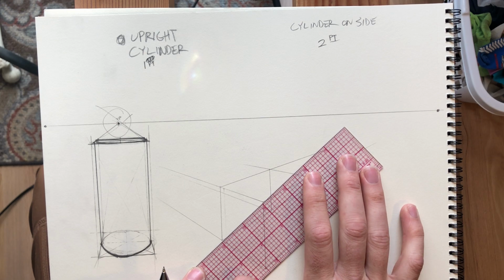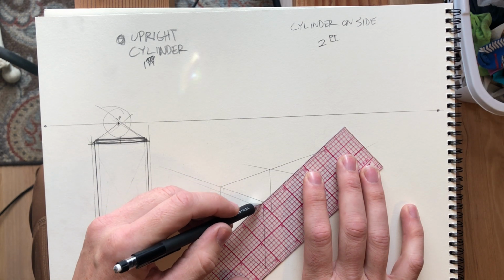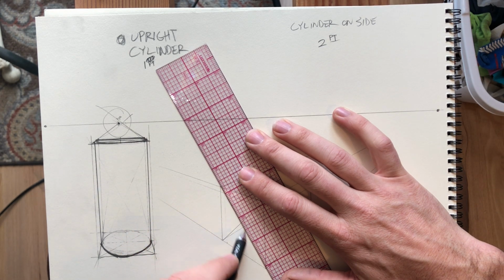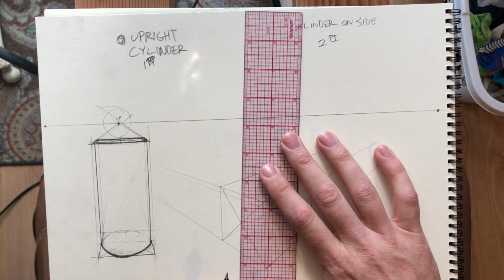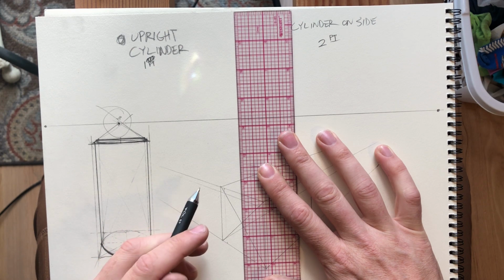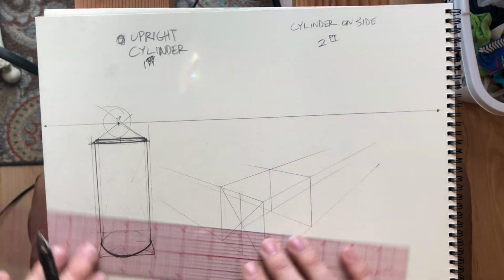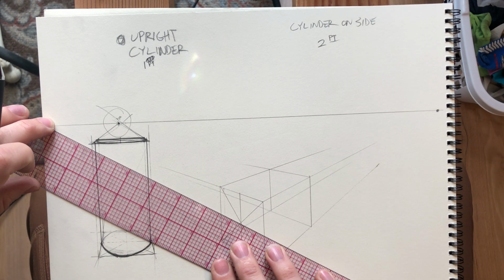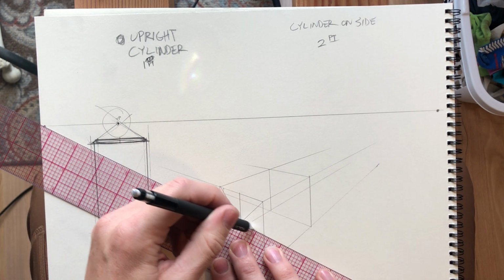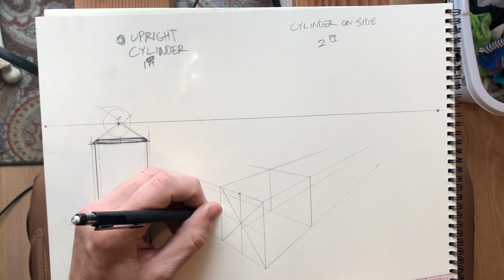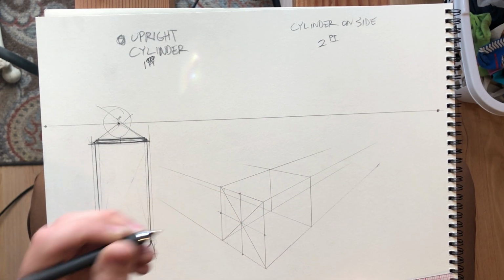In order to find my cylinder, or my ellipse end, I'm going to find the center of the end here. This is that dividing trick again. So I need an ellipse that passes through there, there, there, and there.